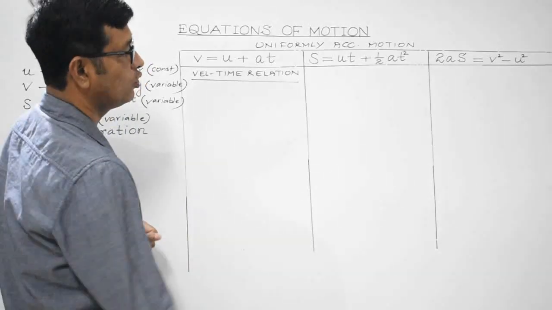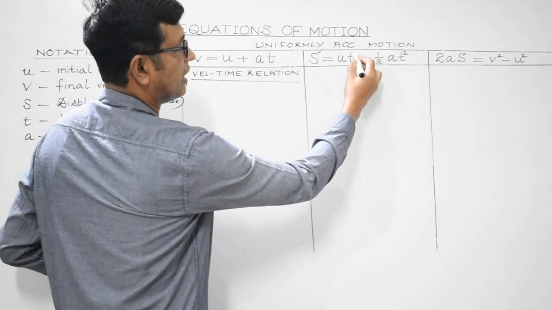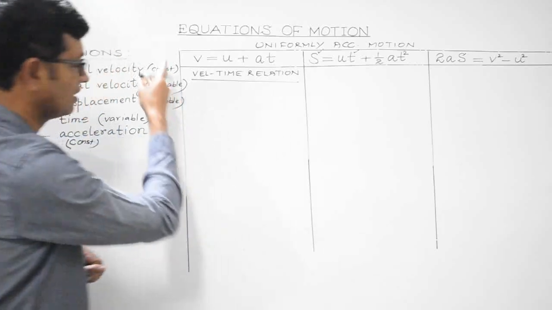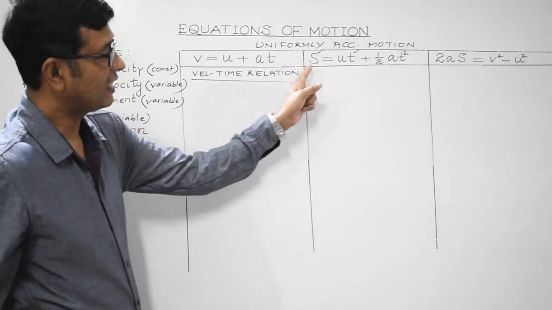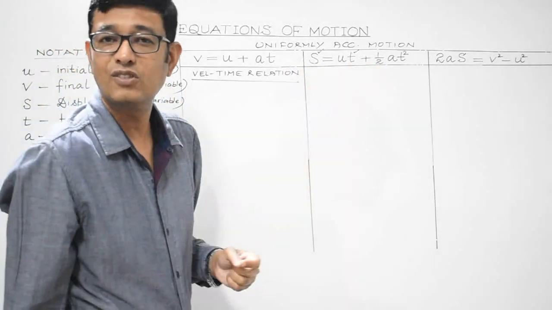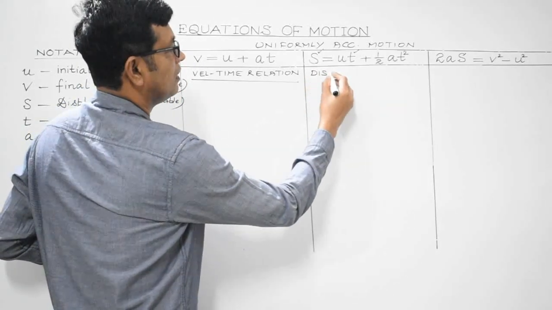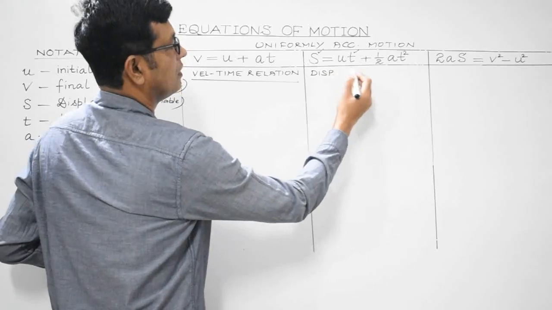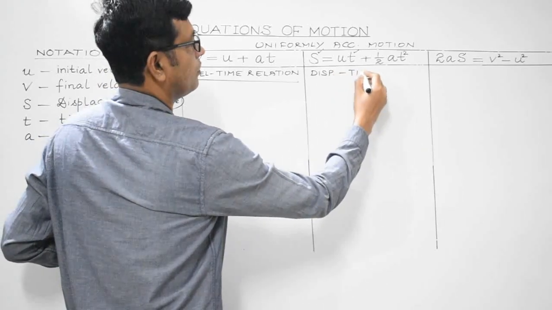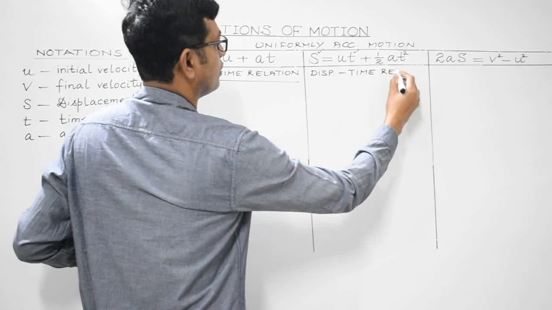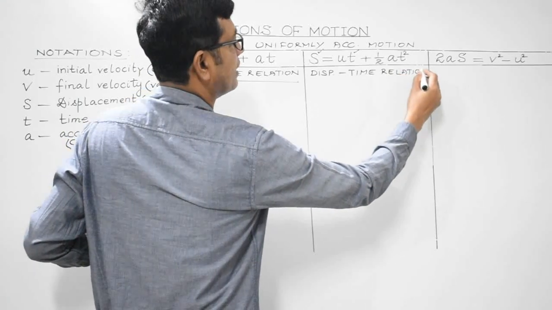Second one, which are the two variables? Displacement and time. u and a are constants, as I have already stated. So the second equation of motion, which is s equals ut plus half at square, is known as the displacement-time relationship.